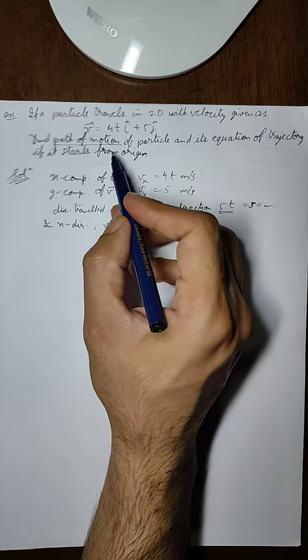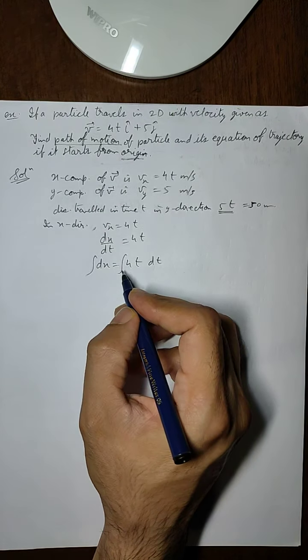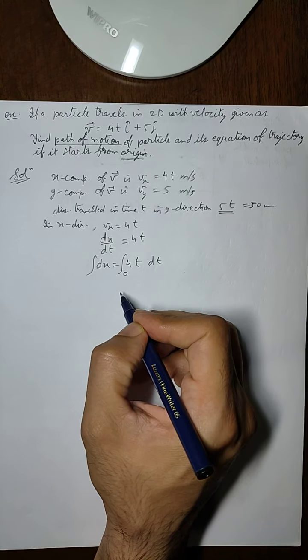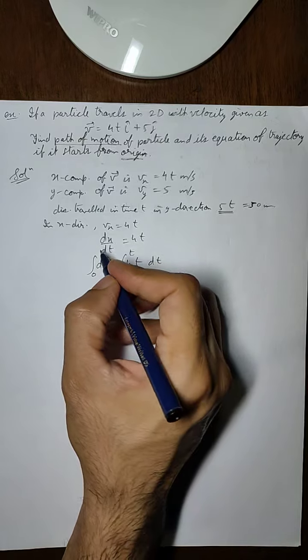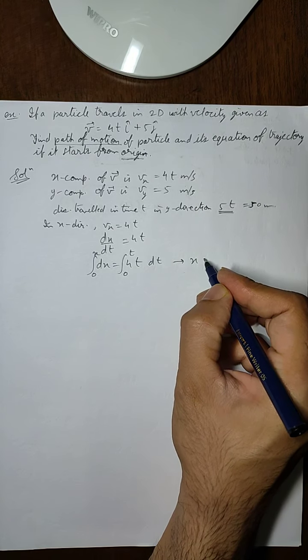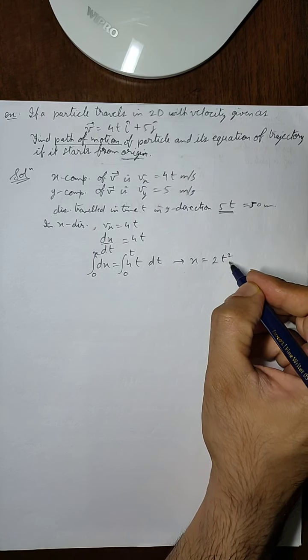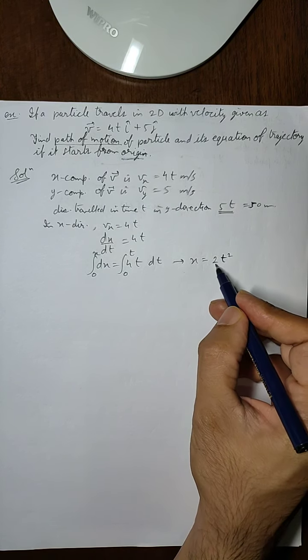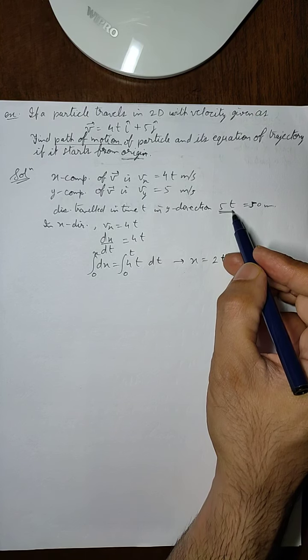Since the particle is starting from the origin, at time t equals 0 the position is x equals 0, and at time t, let us say the position is x. If we solve this, we will get x equals 4t square upon 2, that is 2t square. So the function 2t square gives the position x.